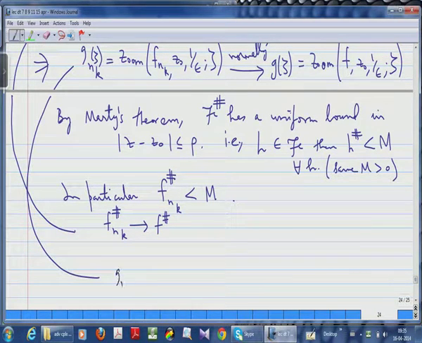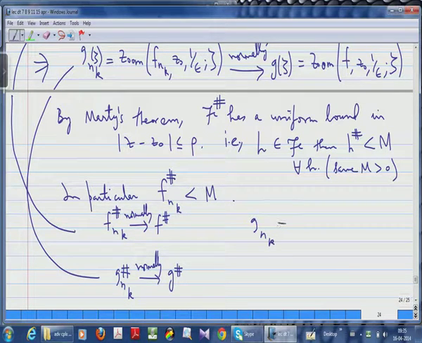I will also have g_nk# going to g#, and of course it's again normal. This is also normal. But there's an inequality coming now. What is g_nk? g_nk of ζ is by definition f_nk of z0 + εζ.